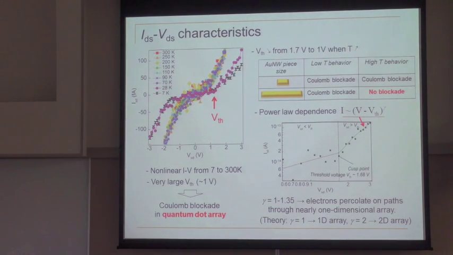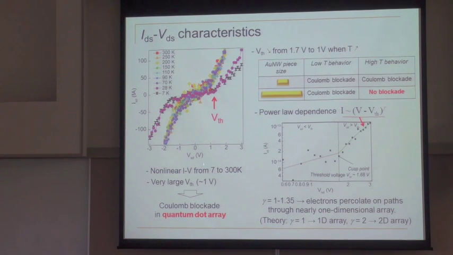So this is the IV characteristic from 7 Kelvin to room temperature. This IV exhibits nonlinear behavior in the whole range of the temperature. In addition, this curve has a very large threshold voltage of about 1 volt.